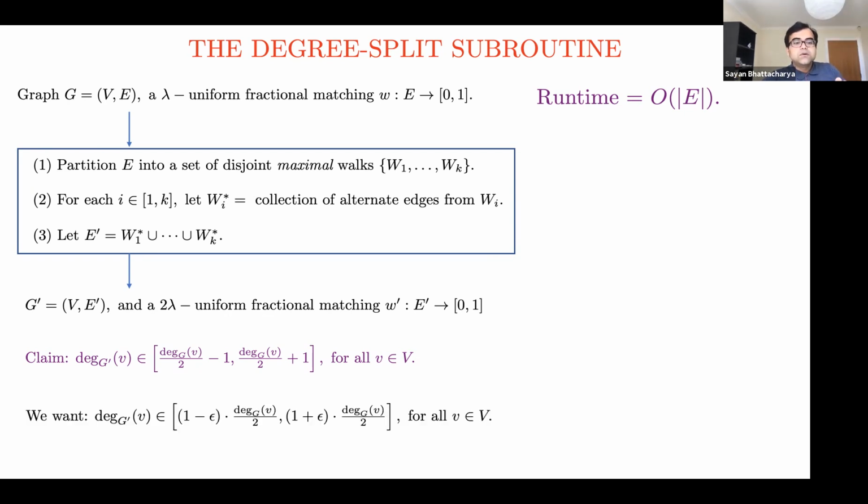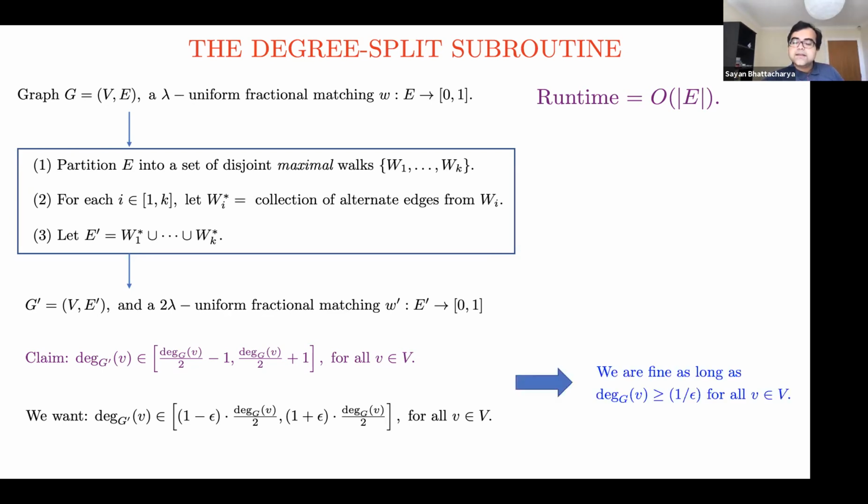Now, we actually wanted the degrees to be within 1 plus minus epsilon factor of half times the original degrees. But here we get actually a plus minus 1 additive factor. So there is a difference between what we actually want and what this claim gives us.